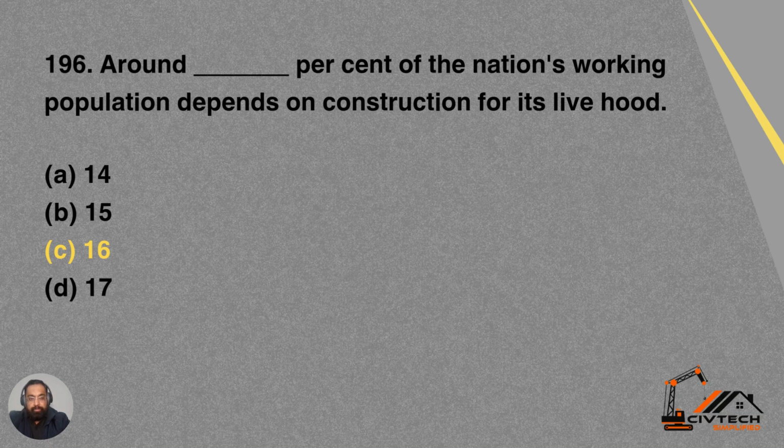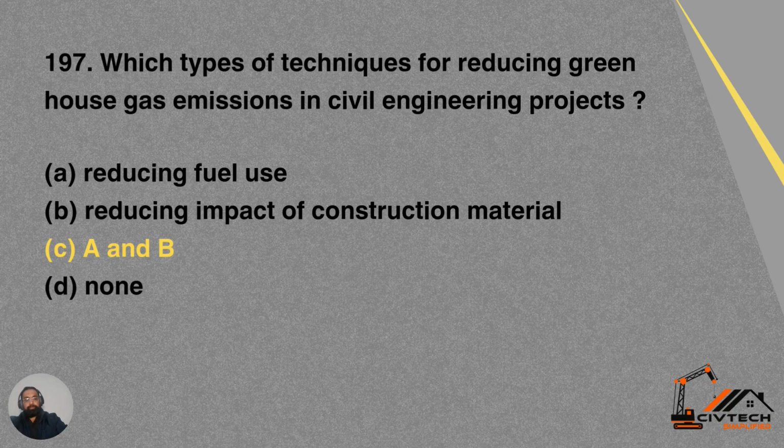So 16% is the correct option, and this is the percentage of the working population of a nation which depends upon construction projects for its livelihood. So 16% is the correct answer, which is C.